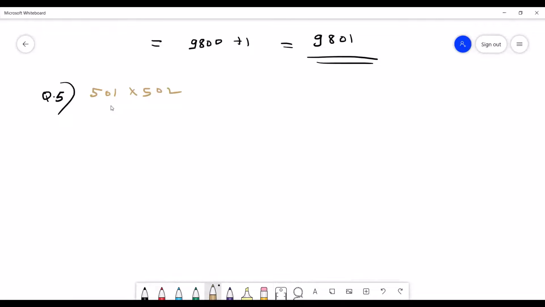See, I have just given the third identity. What is the third identity? x plus a into x plus b is equal to x square plus a plus b into x plus ab. This is the third identity that we have studied here.